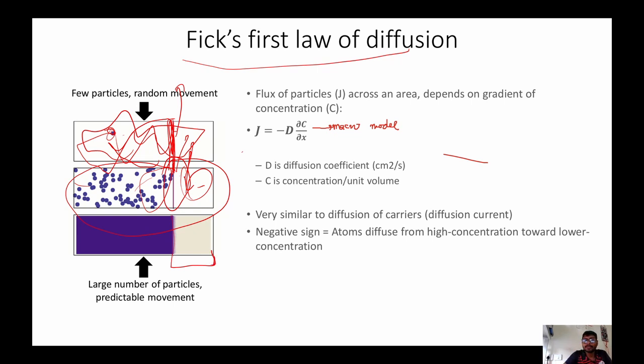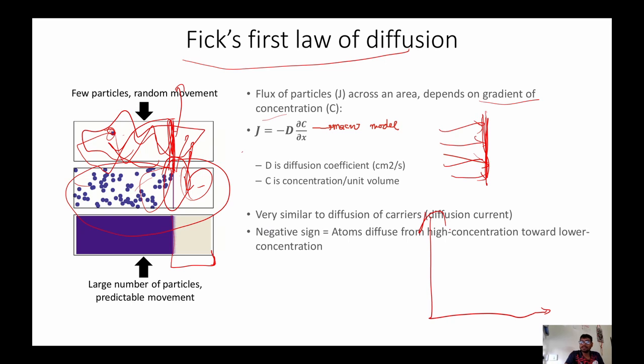Okay, so now the flux of particles across an area A. This is the area A, the cross-sectional area A. If the particles are coming, the flux of the particles depends on the gradient of the concentration. So this is the concentration of the particles and this is the x direction.